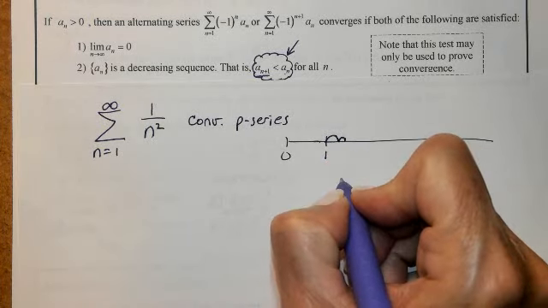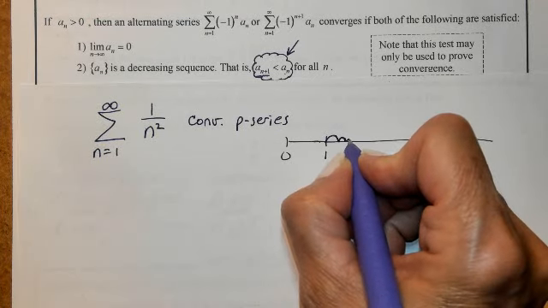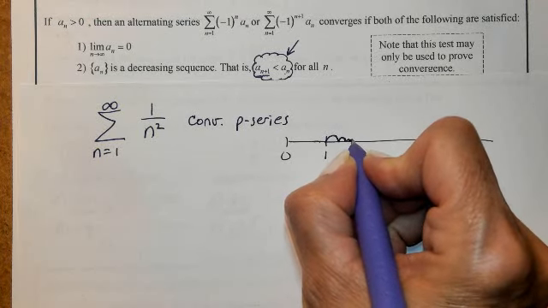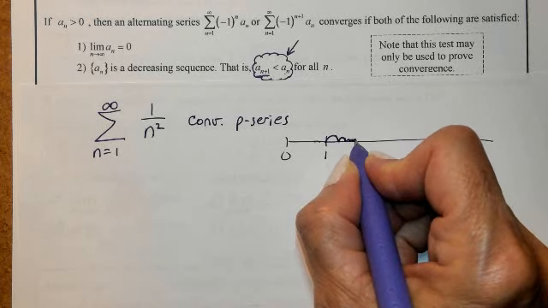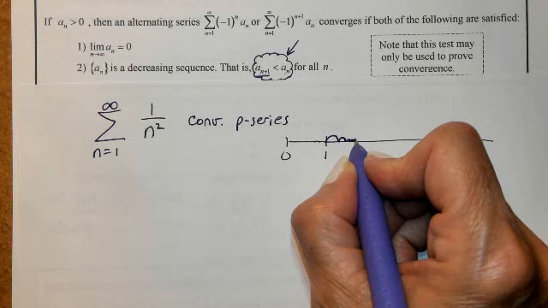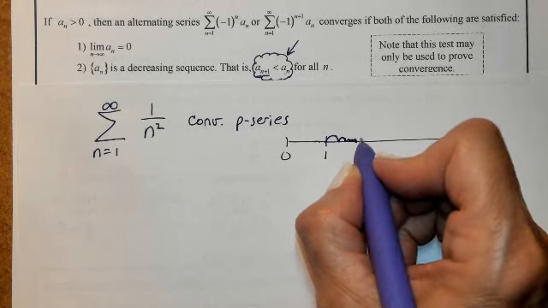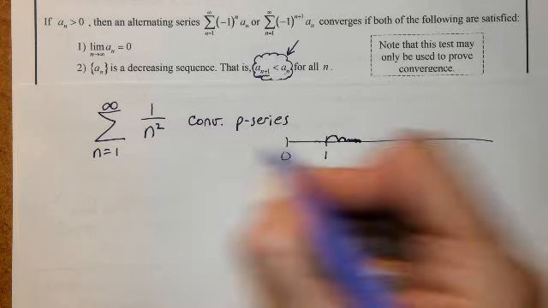And then I'd be adding 1 over 16. And then 1 over 25. And then 1 over 36. Do you see how this is, yes, it's increasing, and it will increase for a long, long time, but it's increasing such a teeny tiny amount that it is converging.